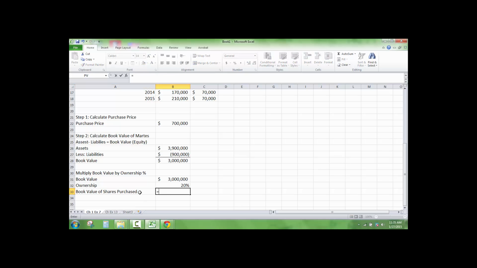So the book value of the shares that we purchased is 600,000.